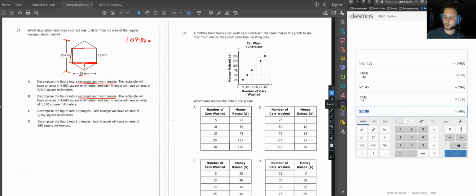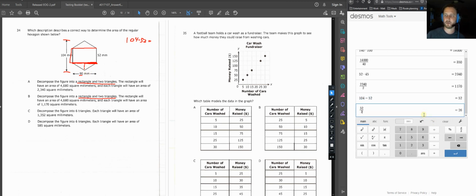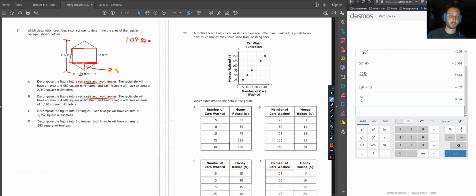So we've got 104 minus 52, which is 52. And then there are two sections like that, this one up here and this one down here. So we will actually do 52 divided by 2. That 26 is what we will use as the height for our shapes. So then we just punch in our equation.